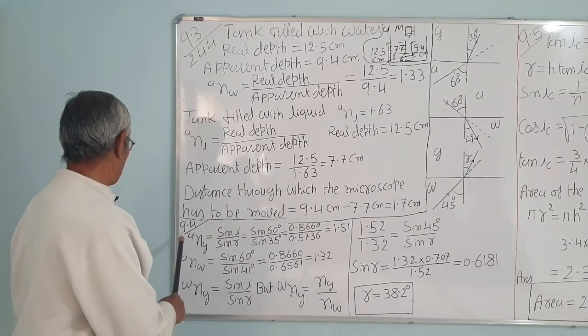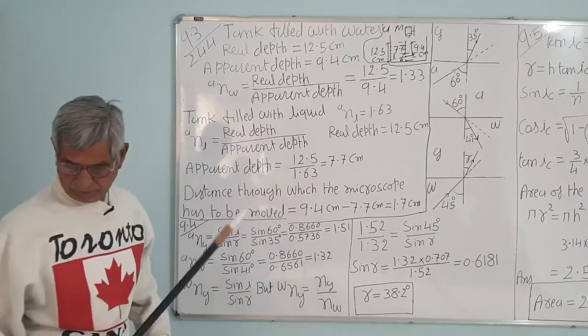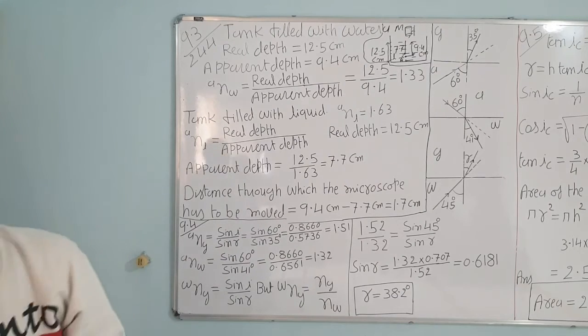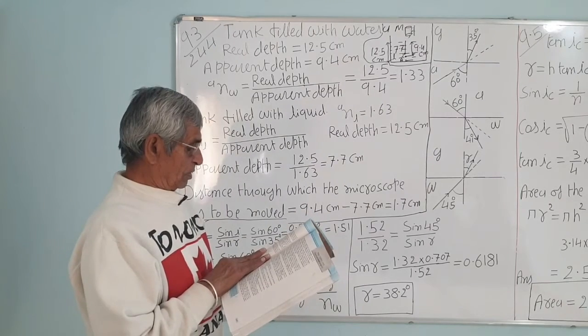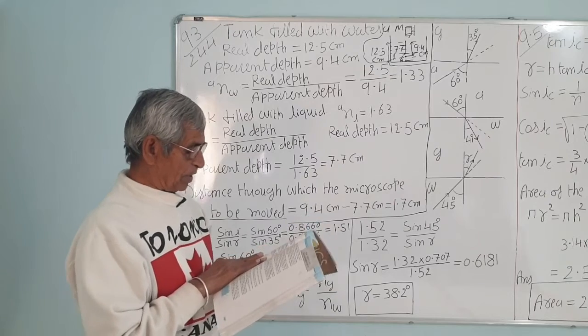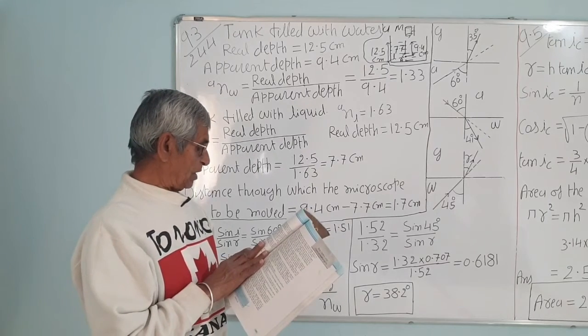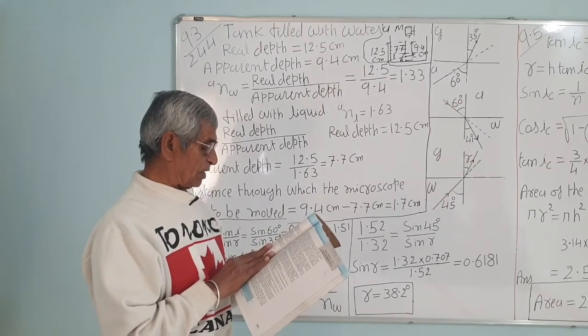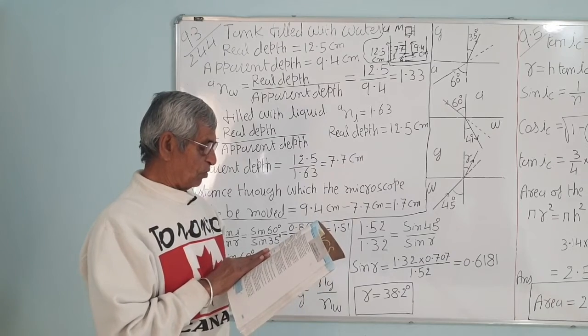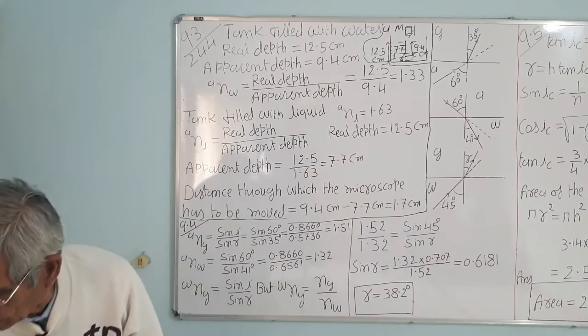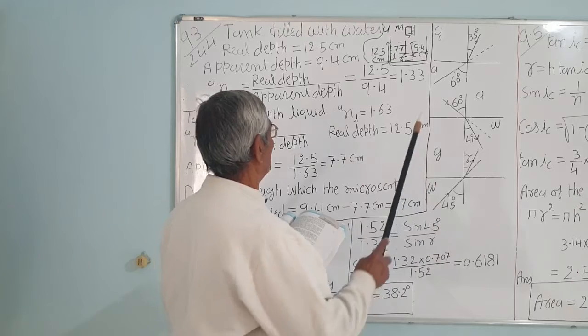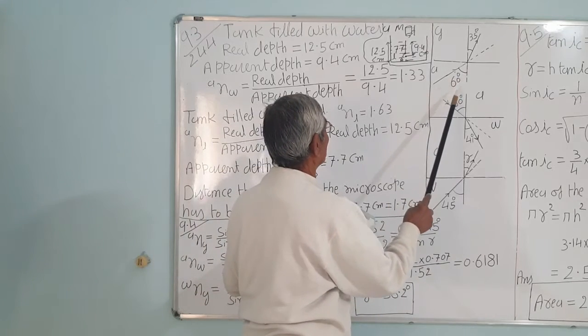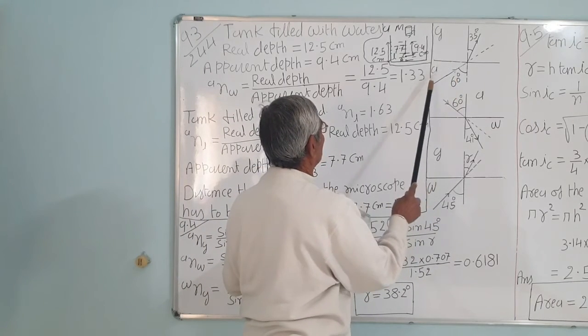Now next question, 9.4. I will read the question. This shows the refraction of a ray in the air incident at 60 degree with the normal to the glass-air and the water-air surface, both the surfaces. This is glass and this is air.